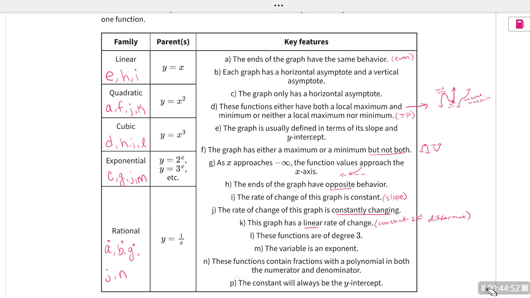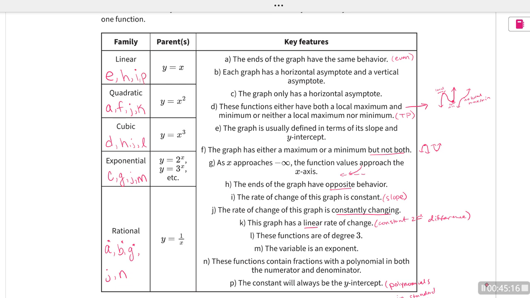And then lastly, P says the constant will always be the y-intercept. So that is true for polynomials in standard form. Right, so let's see which ones are polynomials.